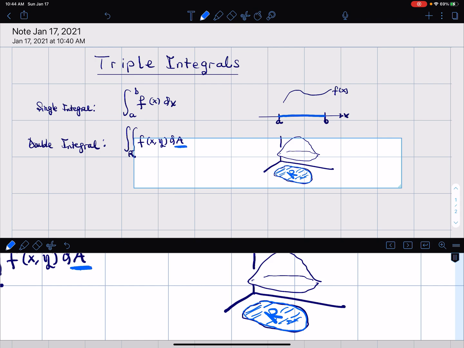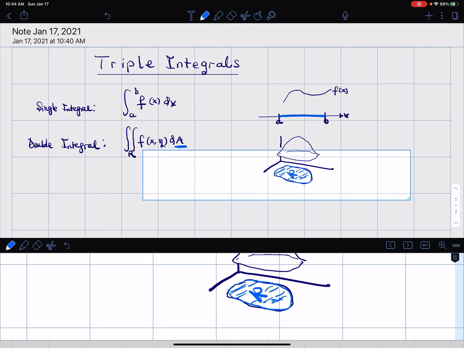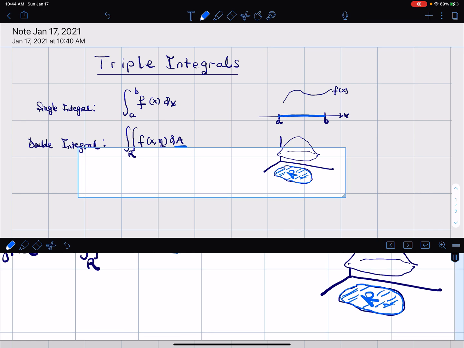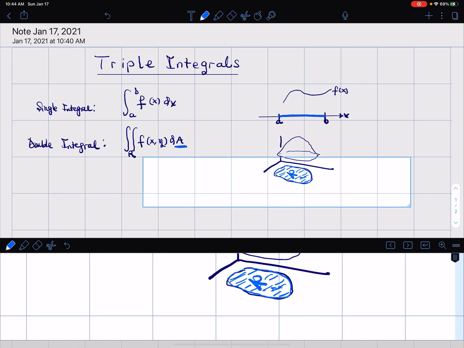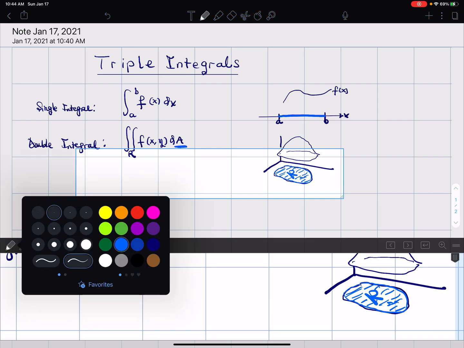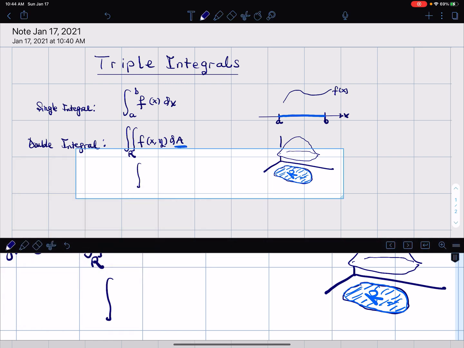Now notice that when we evaluate this integral, we have to do more. We set up the region, set up the integral from x to y, from maybe a to b, or a function of x and a function of y.